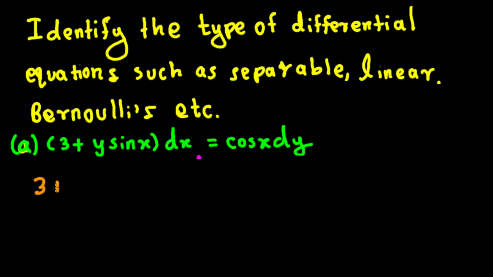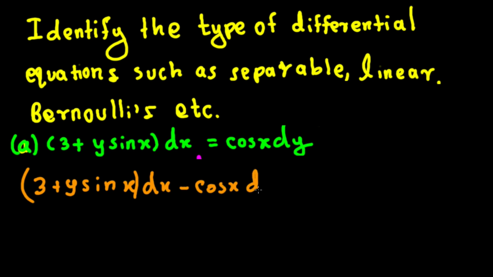Here we have (3 + y sin x) dx minus cos x dy, equal to 0. So this is matching one of the patterns: we have a function M(x,y) multiplied by dx and N(x,y) multiplied by dy, equal to 0. So this is matching that pattern.